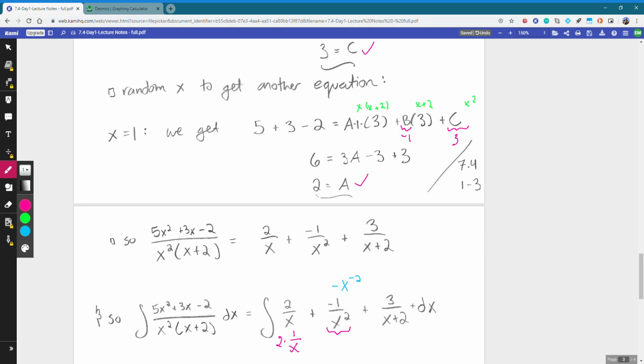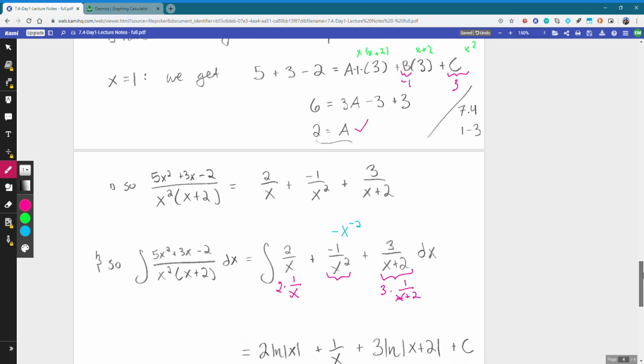Over here on the right, this might look a little bit strange, but I claim that if we do a similar trick to the first one and pull out the 3, because this is a linear denominator, this is also going to be a natural log antiderivative. So let's write down what we get, and then say a few words.